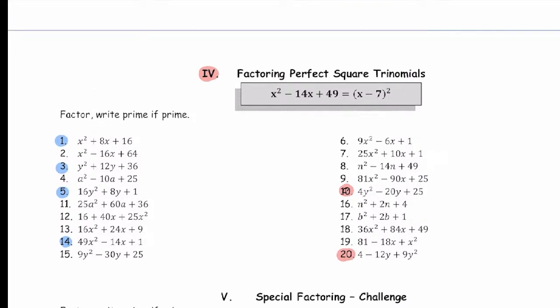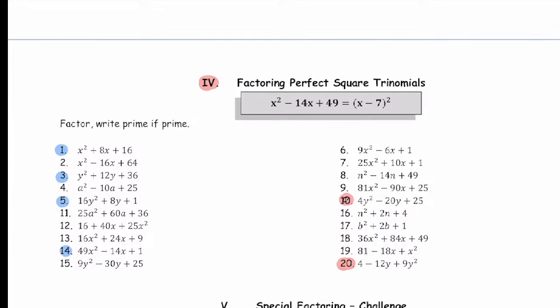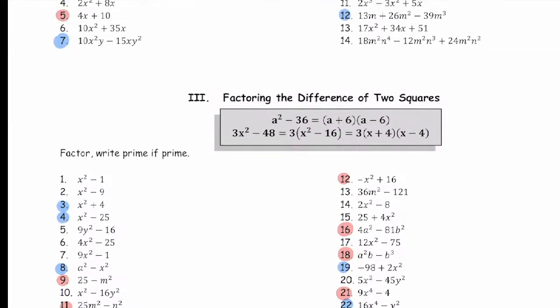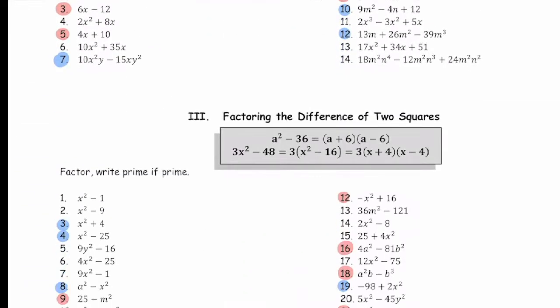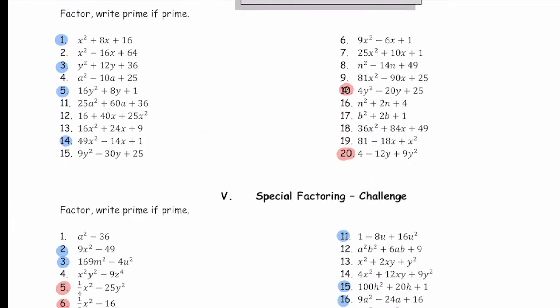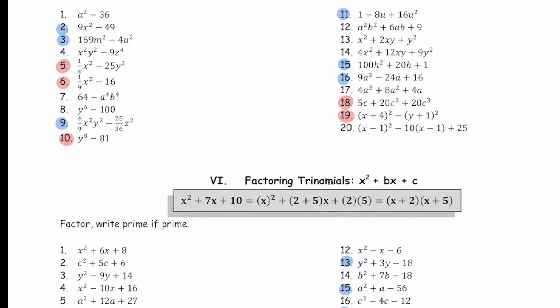The perfect squares part, factoring perfect square trinomials. These have Roman numerals next to them. You just have to quote the Roman numeral so I know what section you're talking about. 5, 6, whatever.